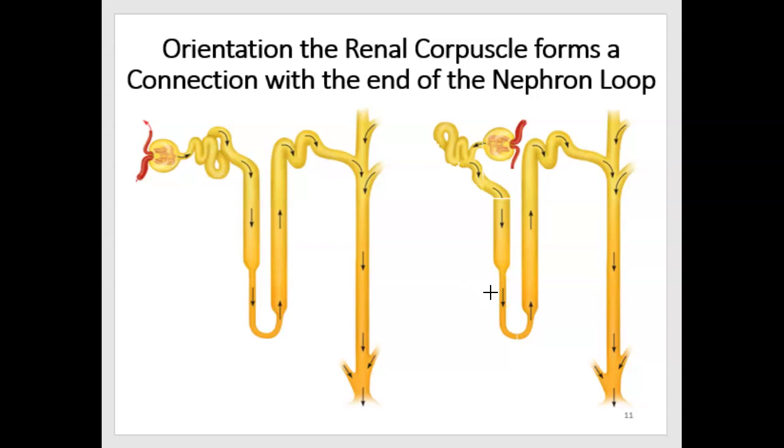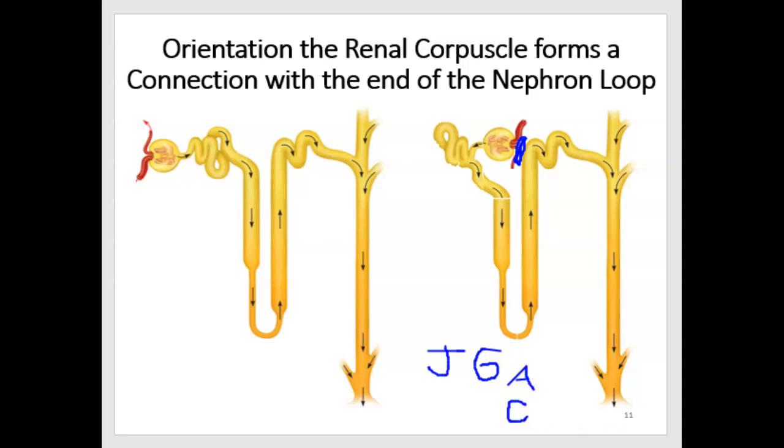Remember, juxta means near. Glomerular just refers to the glomerular capillaries. And so the physical connection that occurs right here is called the juxtaglomerular complex, or apparatus. I know it as apparatus, so I often call it the JGA, but it could also be called the JGC.